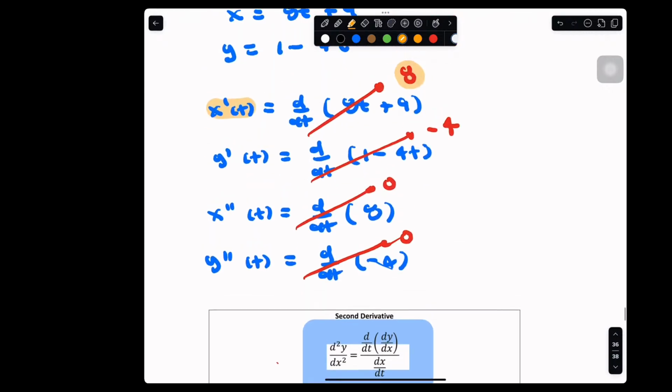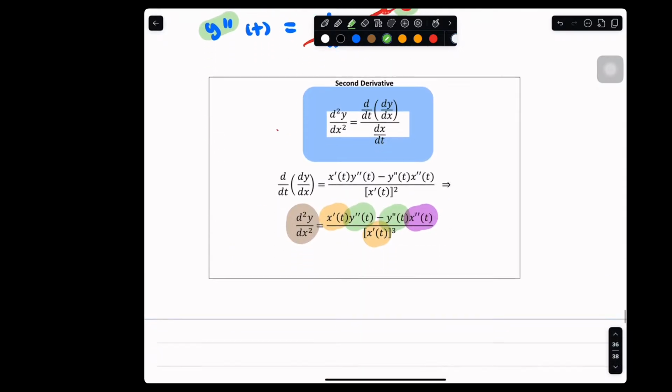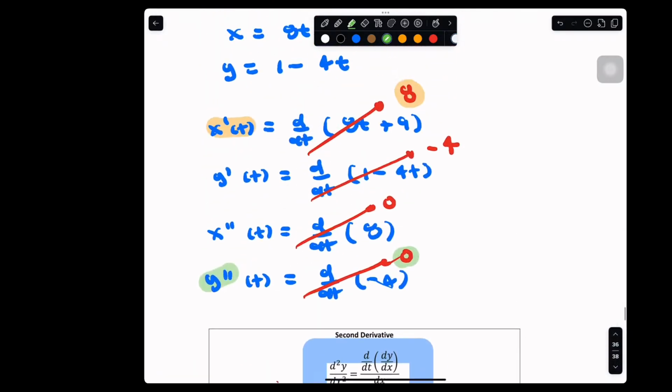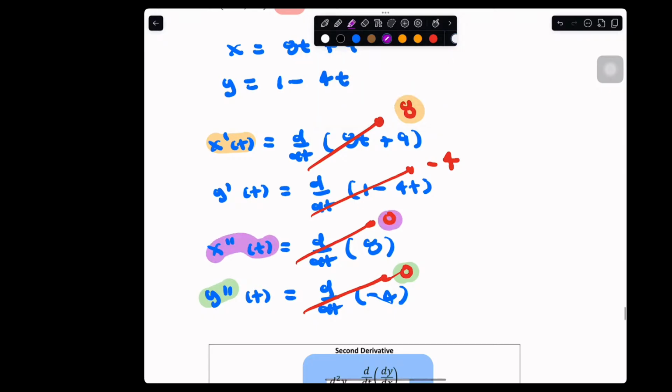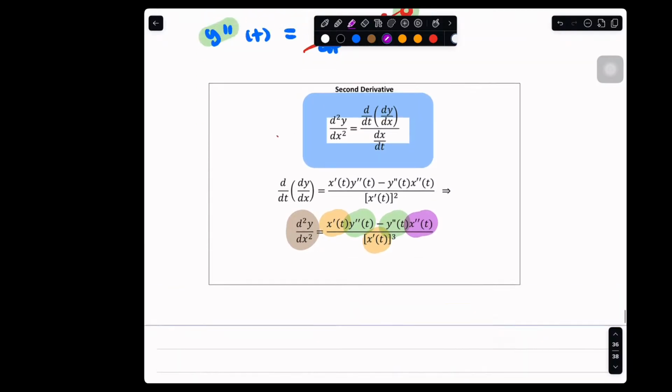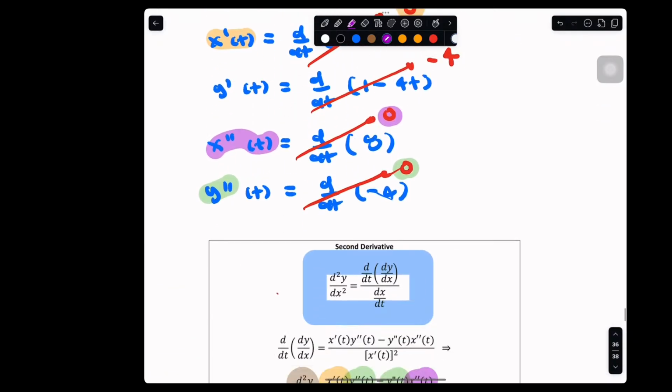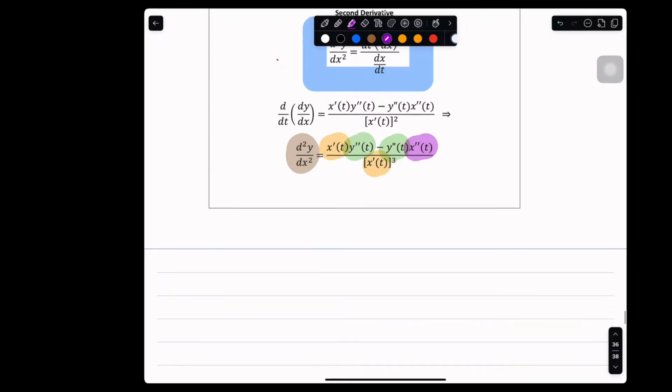Y double prime is going to be 0. And x double prime is purple, 0. Okay. So let's plug in these values now, right?